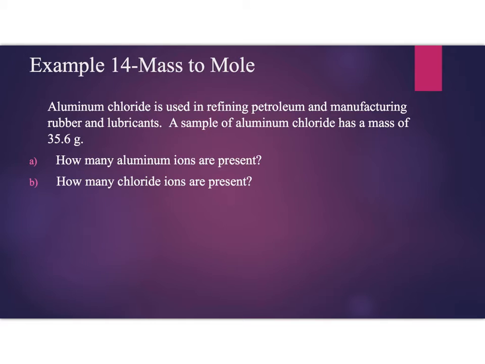If you recall, aluminum chloride is really AlCl3. So when we go to find our molar mass of aluminum chloride, we have 1 aluminum. For aluminum, we have 1 times the molar mass of aluminum, which is 26.98 grams per mole.